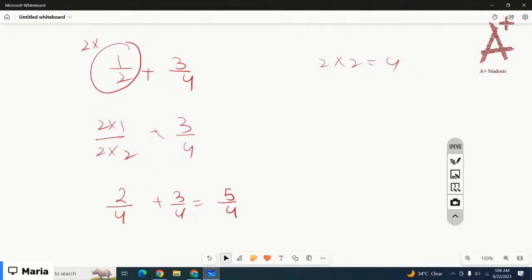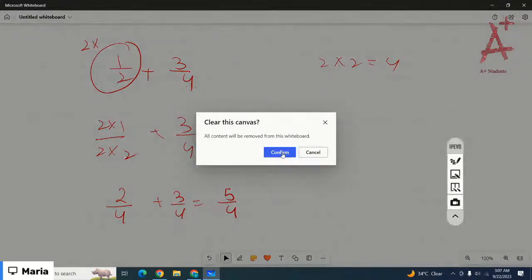Okay, let's just do another example. You have to add 4 by 9 and 1 over 3.